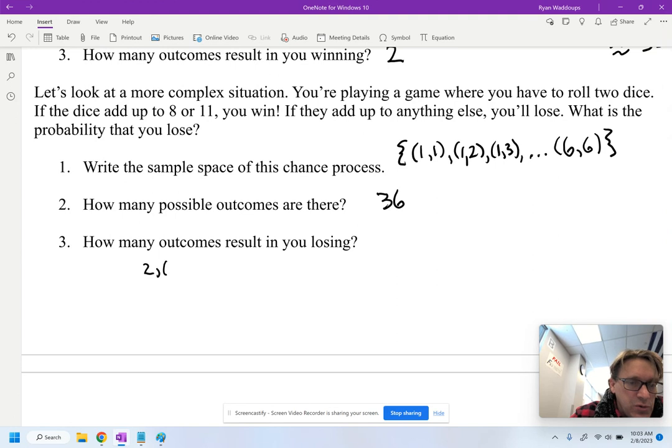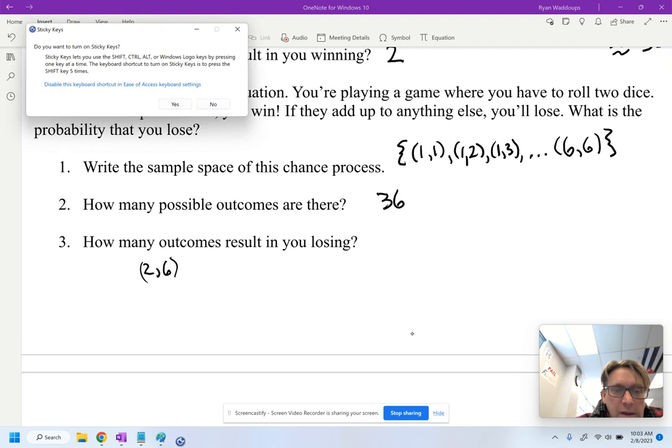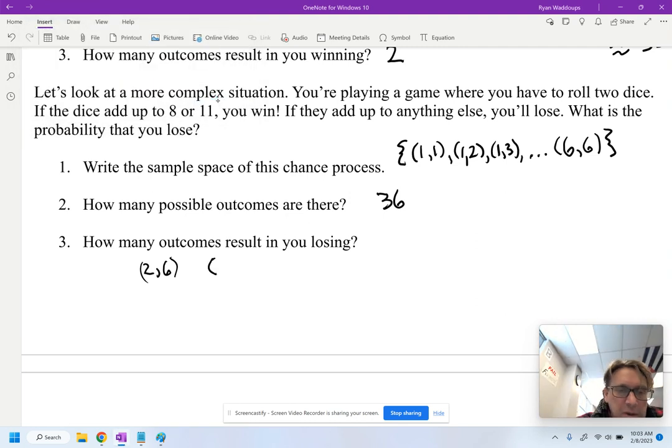It could be a 2 and a 6, which would also be the same as a 6 and a 2. It could be a 3 and a 5, which would also be the same as a 5 and a 3.